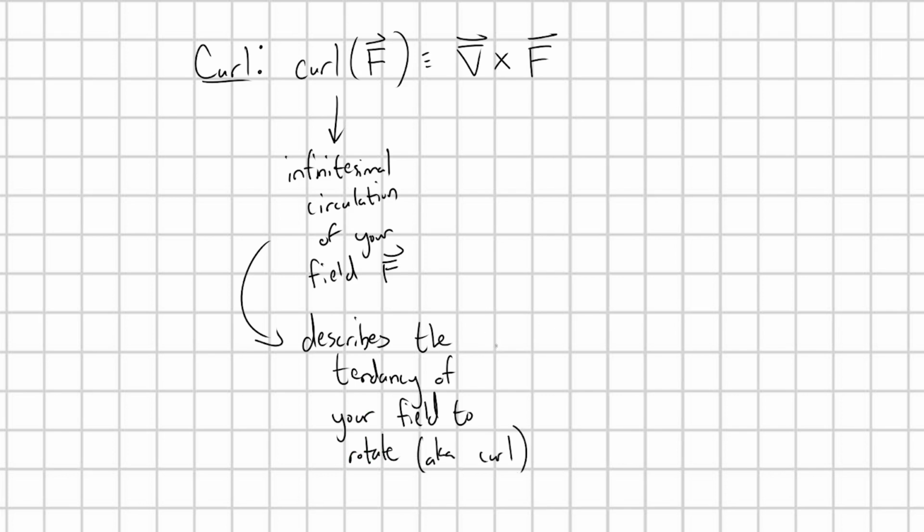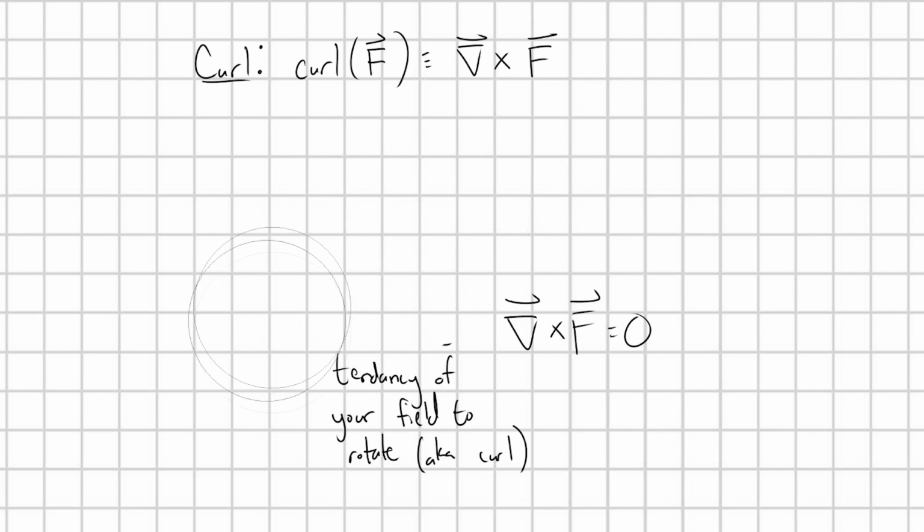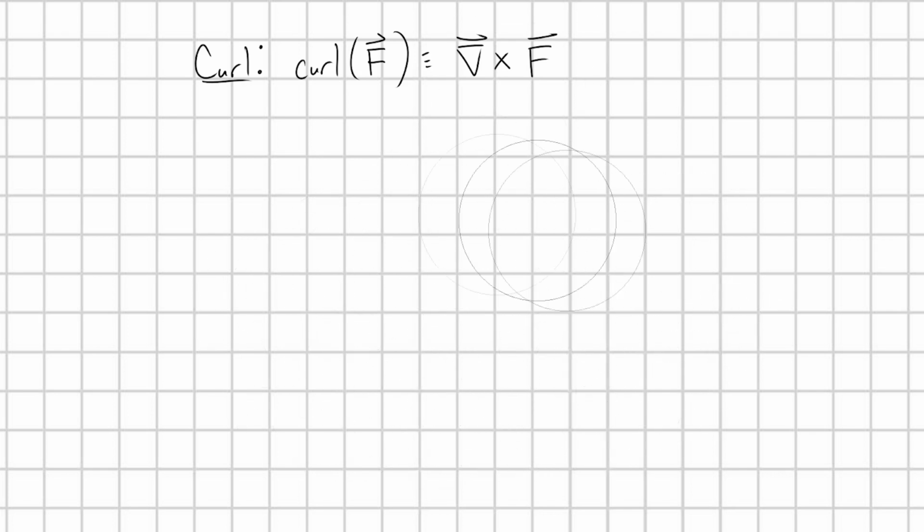So, thinking extremely binary, if the curl of your field is equal to 0, you describe this as an irrotational vector field, which happens to be very important, okay? I'm not going to rigorously define how we get curl from circulation. That would take way too much time. Maybe we'll do this later on, but let's just go ahead.